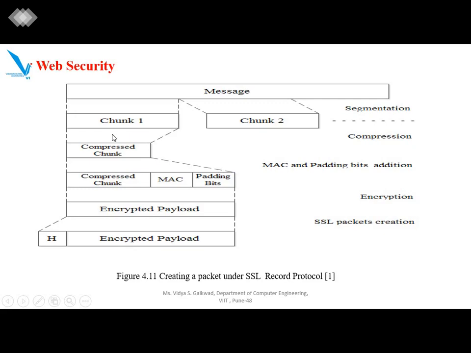The second step is compression. Whatever chunk 1 is there, compress it, right? After that append the MAC. After that append the padding bits if required, right? After that encryption, that means encrypt payload. After getting the encrypted payload, then attach a header. So this will be your SSL packet creation, right?